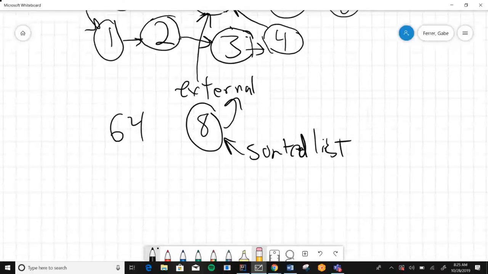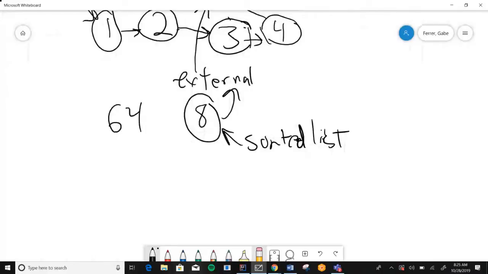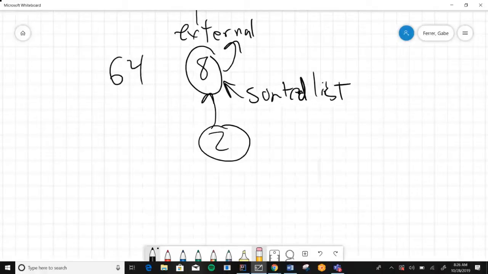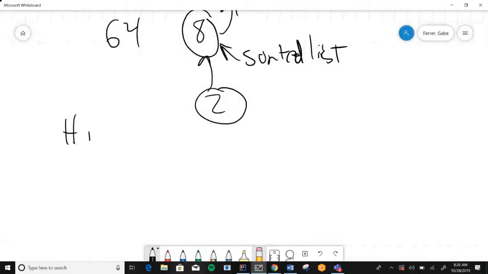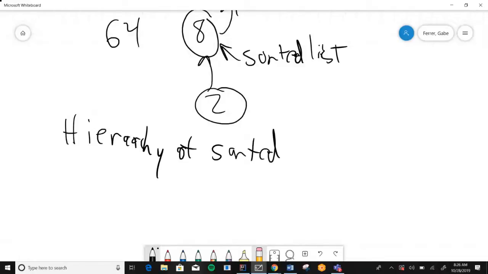So maybe what I would have is some higher level list with two external nodes that point into that list. And so I wind up having this hierarchy of sorted linked lists. So let me write that down. A skip list is a hierarchy of sorted linked lists.